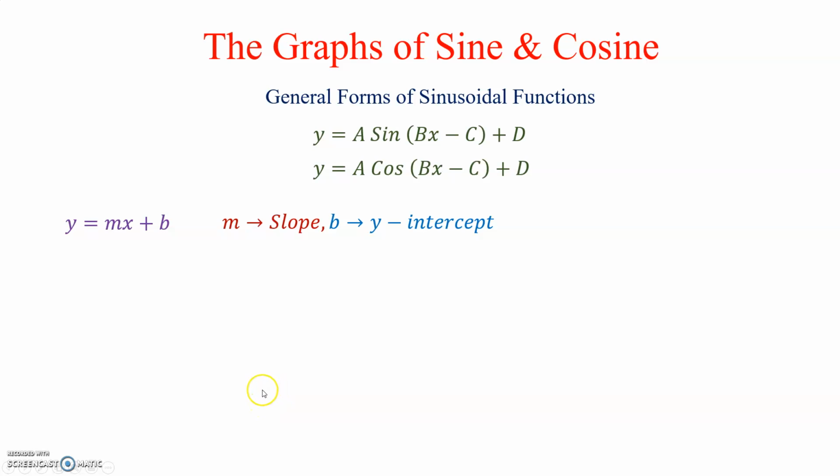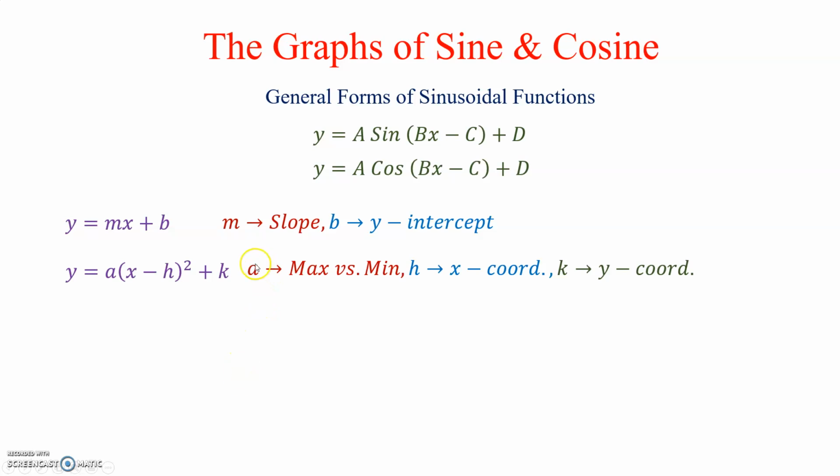When we got to quadratics, the quadratic equation in vertex form is written y equals a times (x minus h) quantity squared plus k. As we studied that quadratic in this form, we saw that each of the different variables represented a certain characteristic of our graph, specifically the parabola.